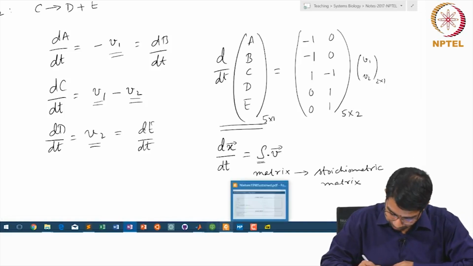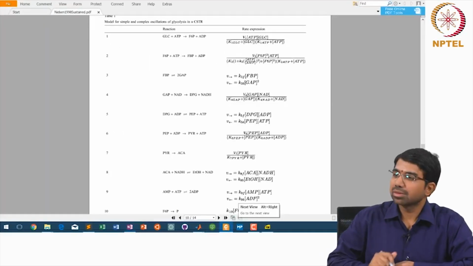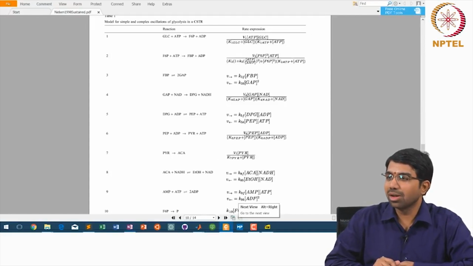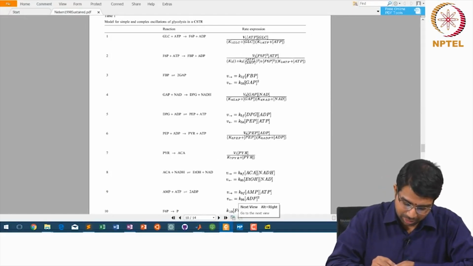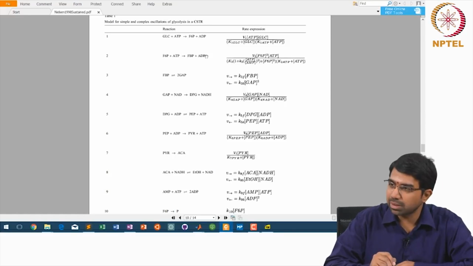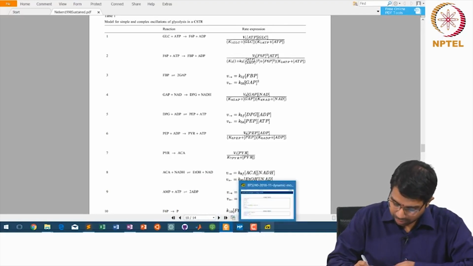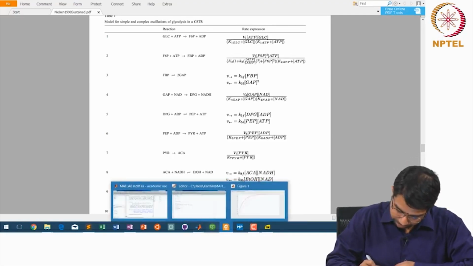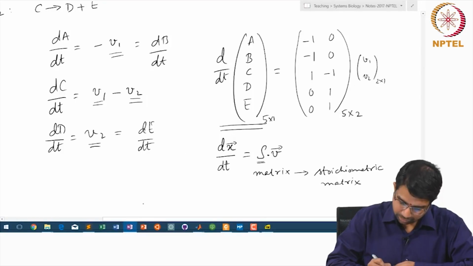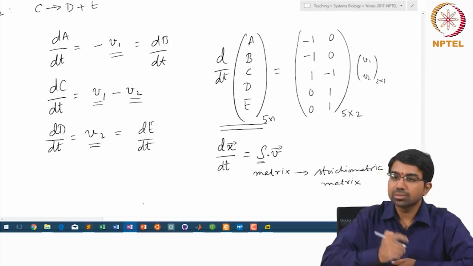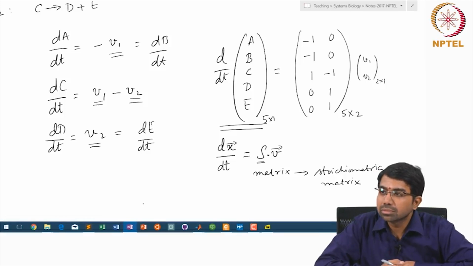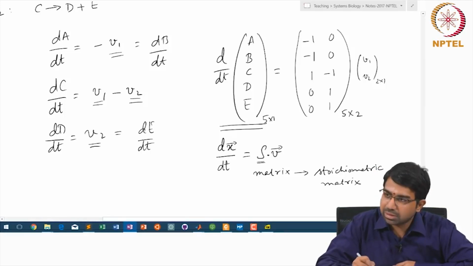Let us go back. Here are the expressions for all the V's. So, your reactions are GLC plus ATP giving F6P plus ADP, F6P plus ATP giving FBP plus ADP. So, you have to carefully identify the coefficients for each of these. If you look at this a little more closely, what are these coefficients in this matrix?